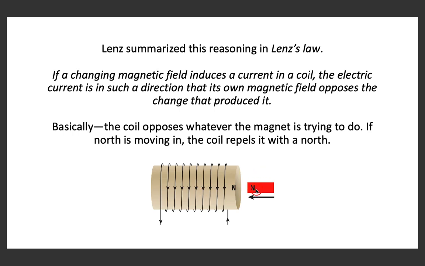So it's going to create a magnetic field with its north end here, and that north end will oppose the magnet. Okay, and so that's basically what Lenz's law says. That's how it works. And that gives us a way of determining what direction the induced current flows. Okay? And that's that.